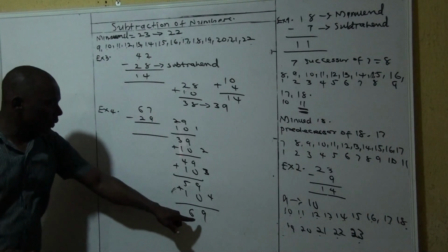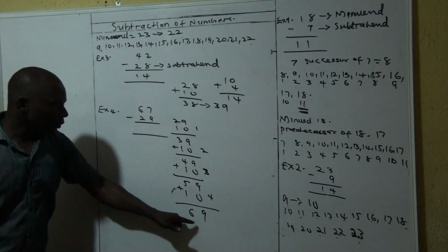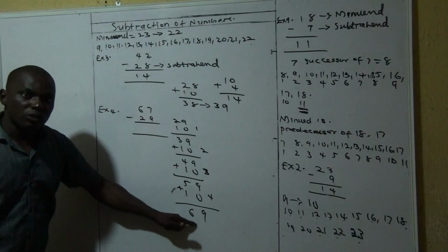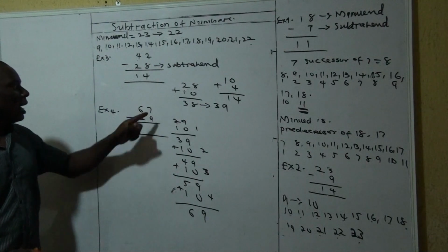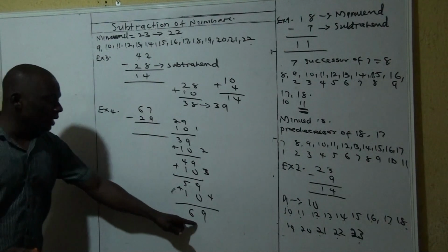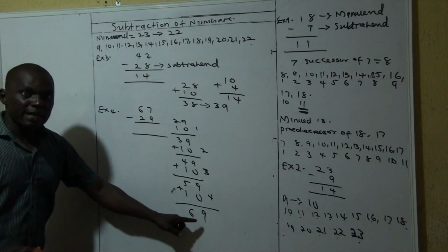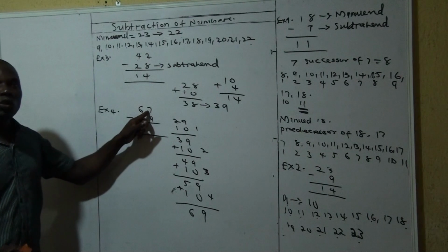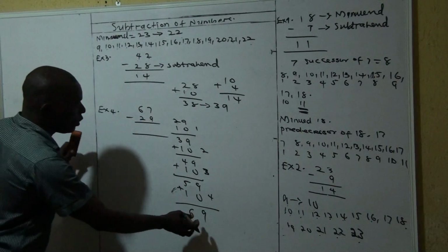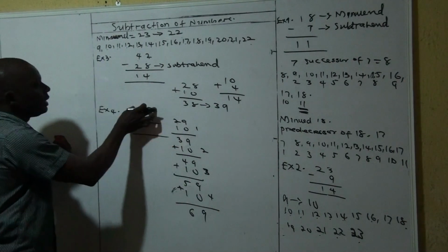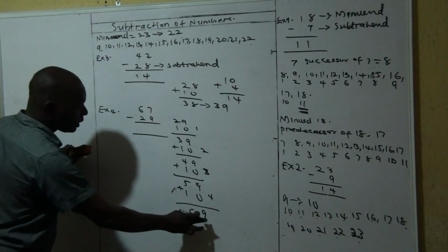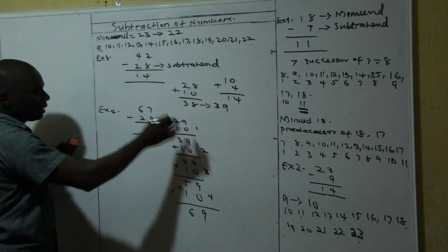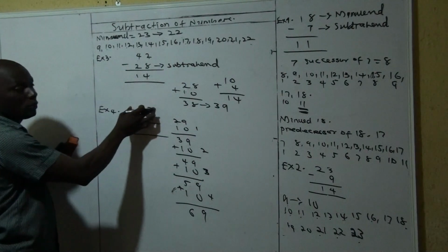Our new subtrahend now has exceeded our minuend. So anytime the new subtrahend exceeds our minuend, what you need to do, we're going to subtract. You say this from this. That means 67 from 69.